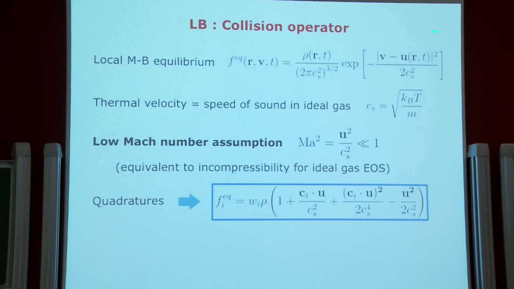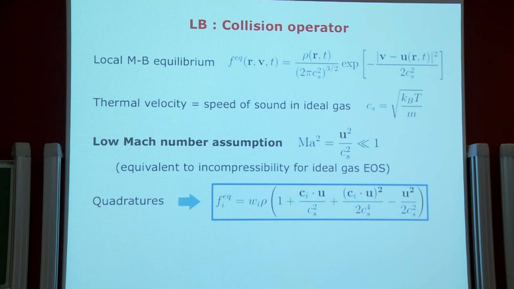And then the normalized Gaussian will give you the low velocity expansion as follows. You have first a term that corresponds to no net average velocity, then a term proportional to the velocity, and then a term that involves the square of the velocity. You see that it's a very simple expression in terms of both the density and the local velocity, but also in terms of the discrete velocities Ci.